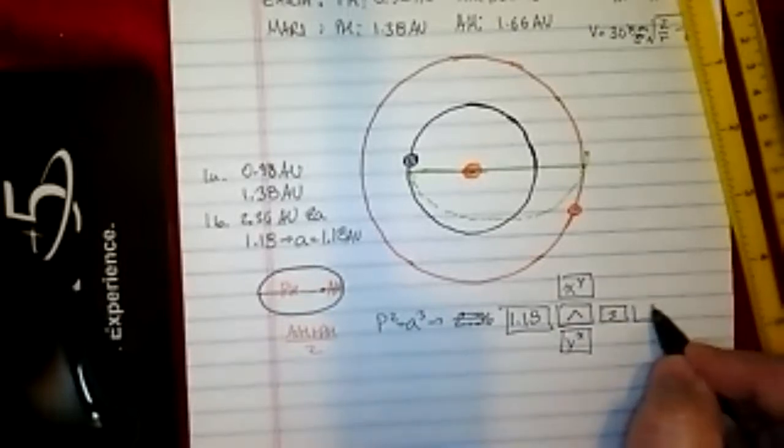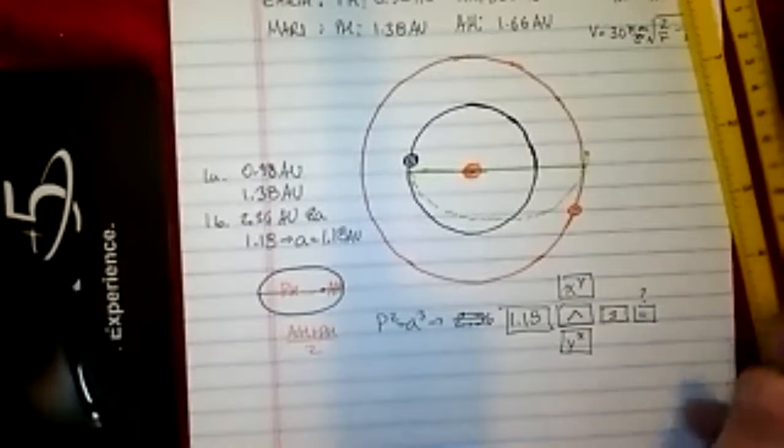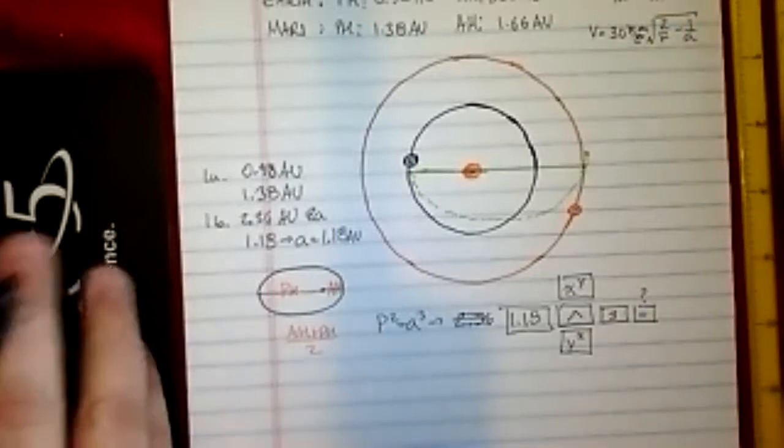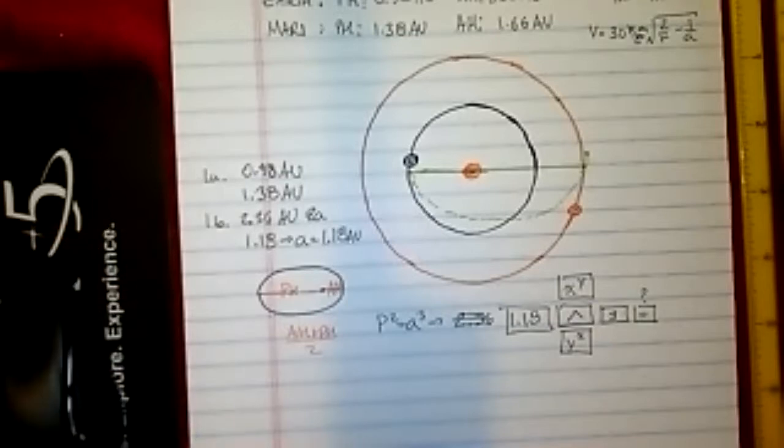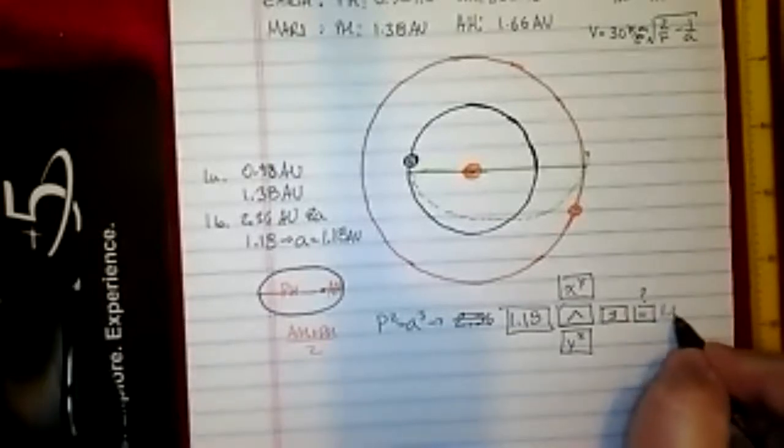And some calculators require you to hit equals, some don't. So I'll put a question mark there. And when you actually do that calculation, you'll find out that 1.18 raised to the 3 power is 1.64303.